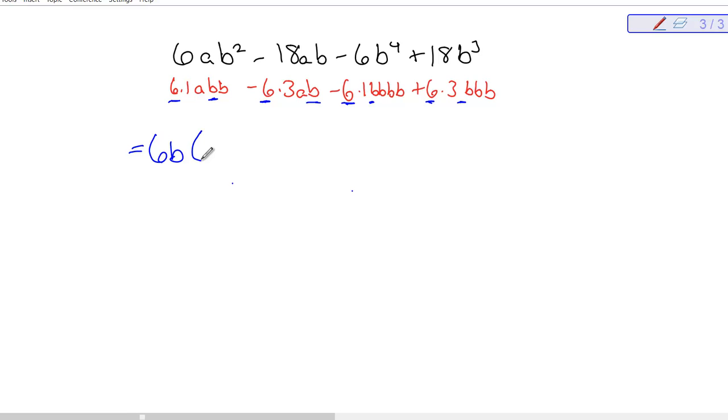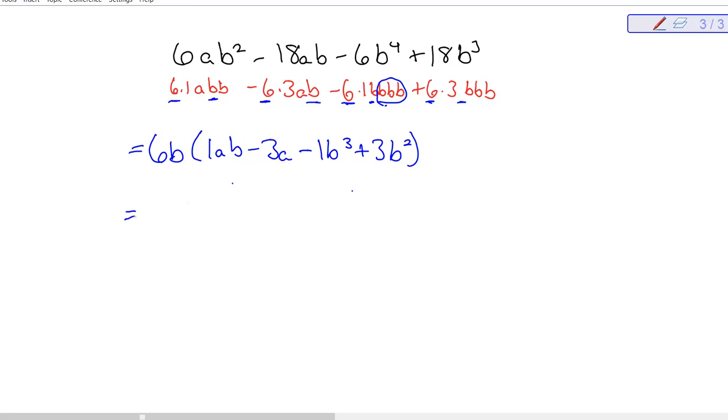And that will leave me with a 1ab minus 3a minus a 1, and I've got 3 b's here, so b to the third, plus a 3b squared. Okay, I've taken out the greatest common factor, the 6b. And what's going to happen with it is it's just going to follow me all the way down.